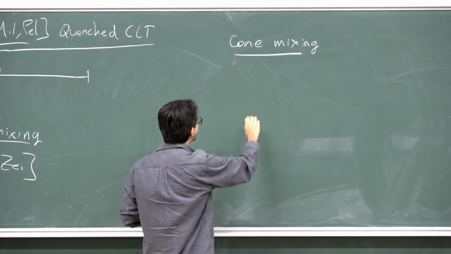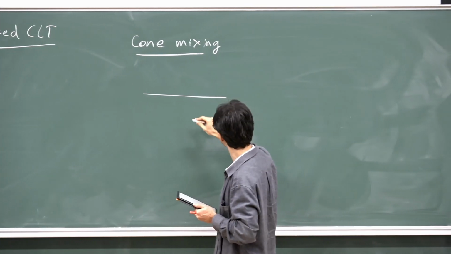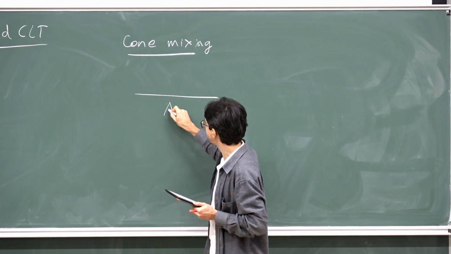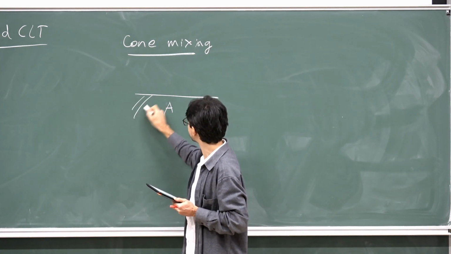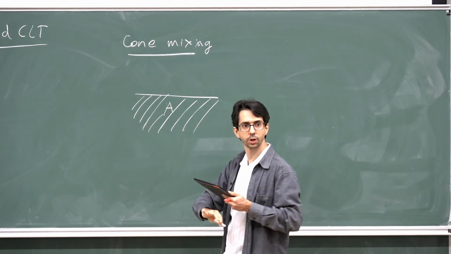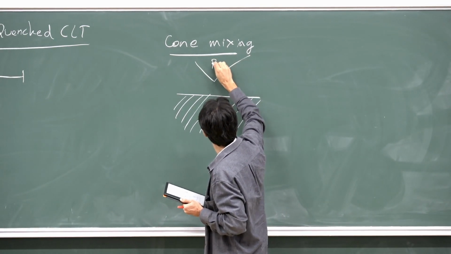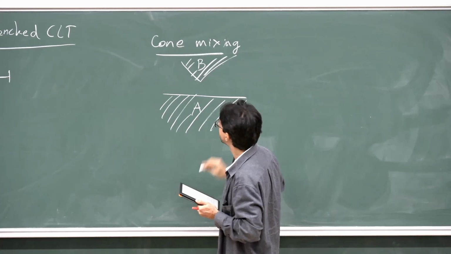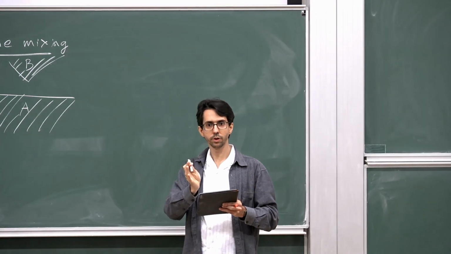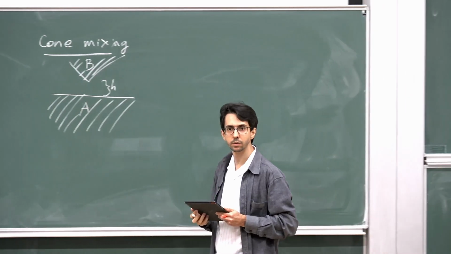So imagine you have space-time here, just as in that picture, and you take some event A that only depends on negative time. You could look at the whole space, but in negative time. And you have another event B that looks at a cone in the future within distance h from A.